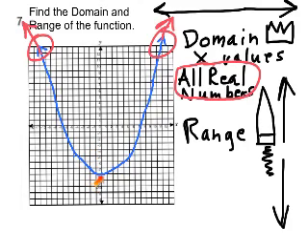Yeah, that's a negative 8. So the range includes negative 8. So we will say that the range is where y is greater than or equal to negative 8. And that's the range.